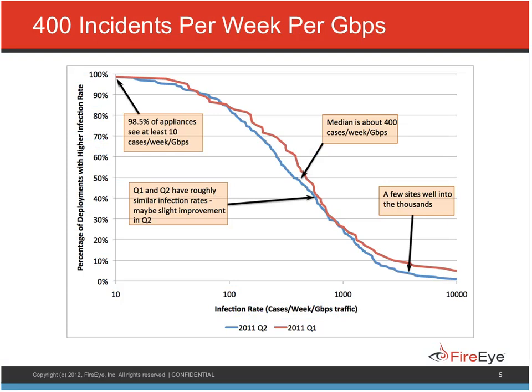So, real-world statistics that we've got from our different customers. We do a proof of concept with a lot of utilities and customers and enterprises and departments at the federal government level. And what we're seeing is a median of 400 net new incidents per week per gigabit of traffic monitored. And so let me give you a perspective of what traffic we're analyzing here at FireEye.